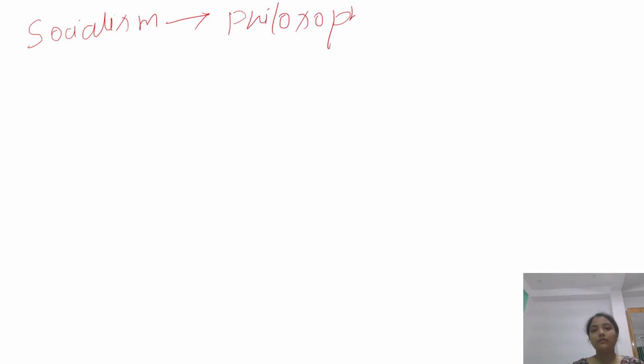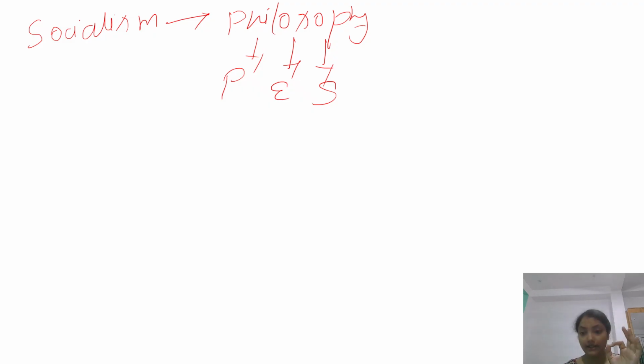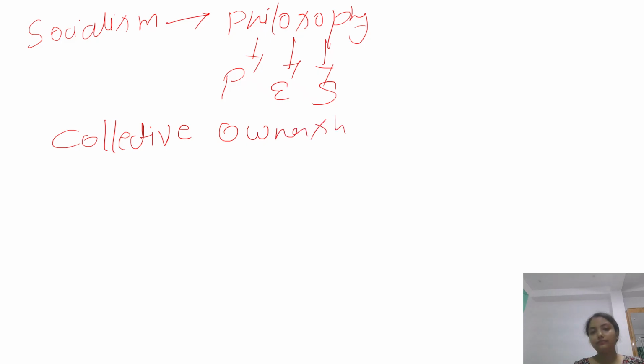So what is socialism? It is a philosophy, a political and economic philosophy, and its aim is collective ownership of material resources.